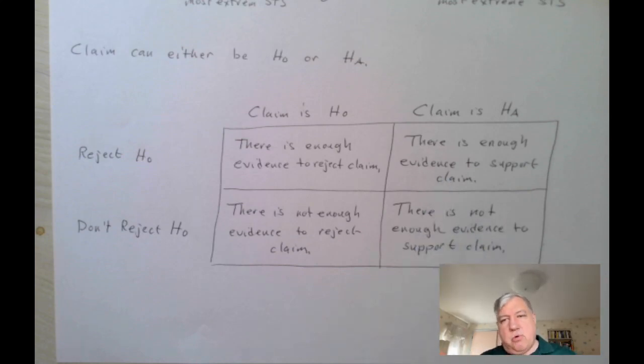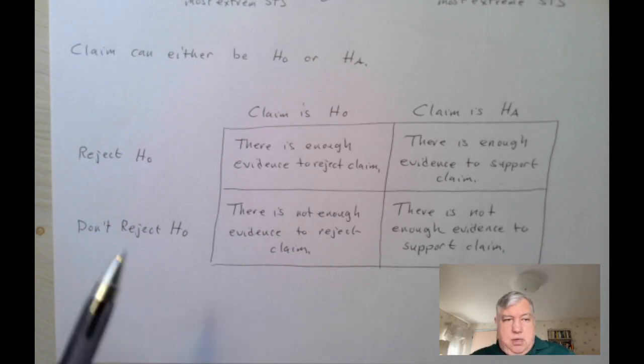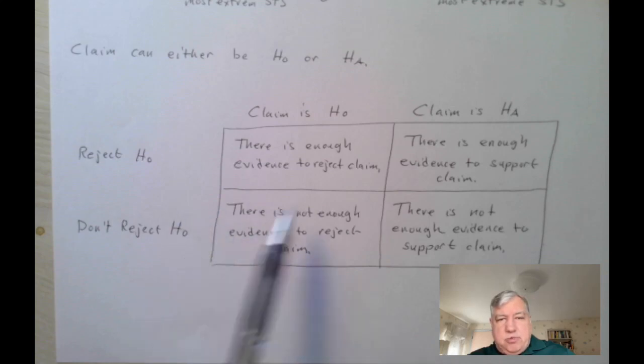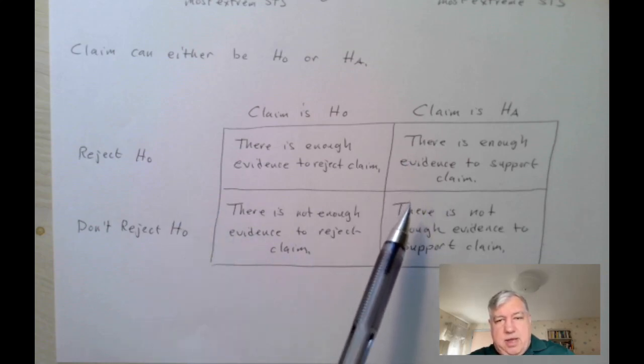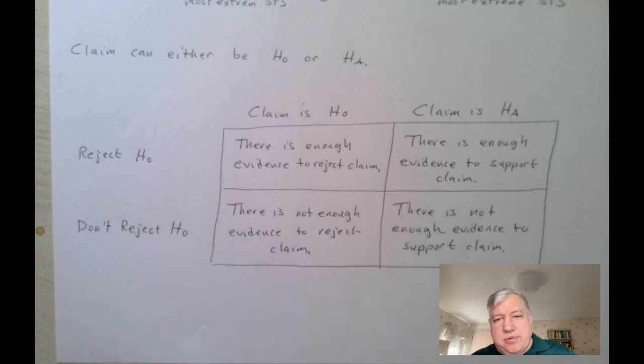You can support it because the claim is the alternative hypothesis. And if you don't reject the null hypothesis, again, it's inconclusive. You tell your employer there's not enough evidence to support the claim. You can only support the claim if it's the alternative hypothesis. You can only reject the claim if it's the null hypothesis.